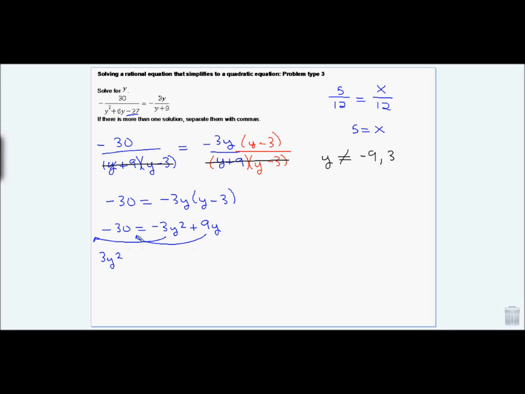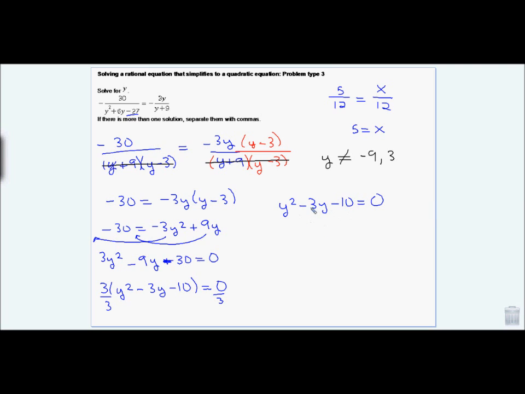And then I'm also going to move my 9y, so it's now negative. Minus 30 is equal to 0. All of these will divide by 3, so I'm going to factor that 3 out. If I divide both sides by 3, I'm left with y squared minus 3y minus 10 is equal to 0.